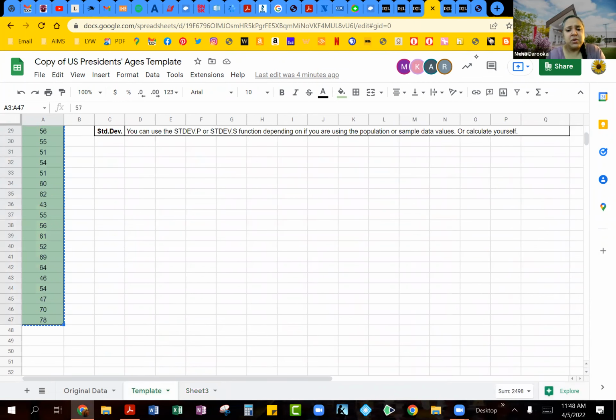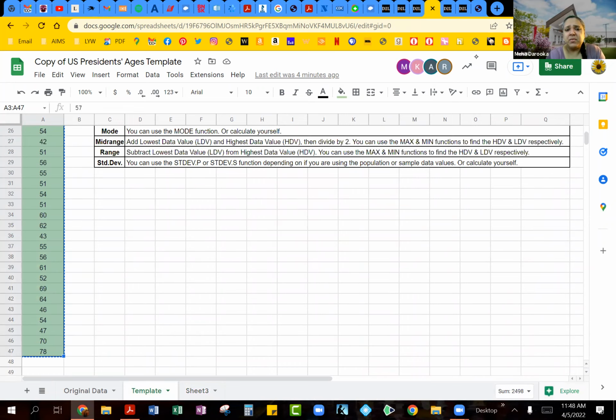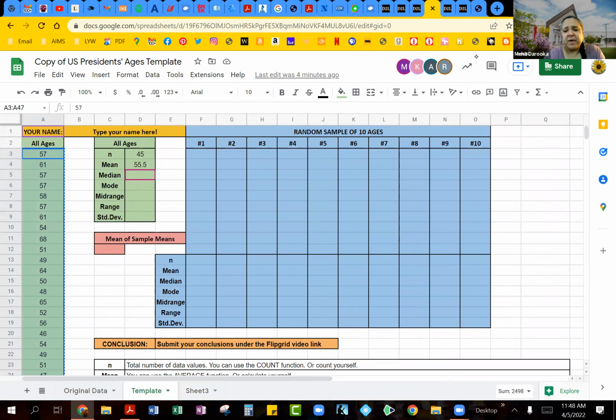Now that we know our median will come out to be 55, let's go ahead and see what we get when we do this. I'm just going to copy this so we can use that in our calculation here. So for the median, again, you will do equal to.